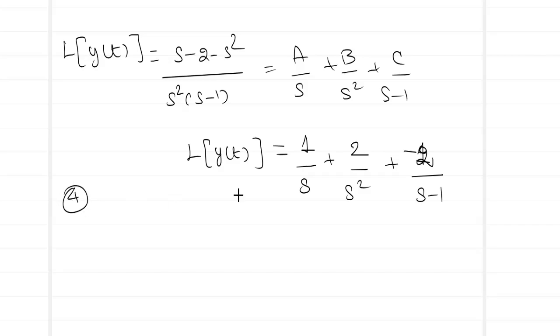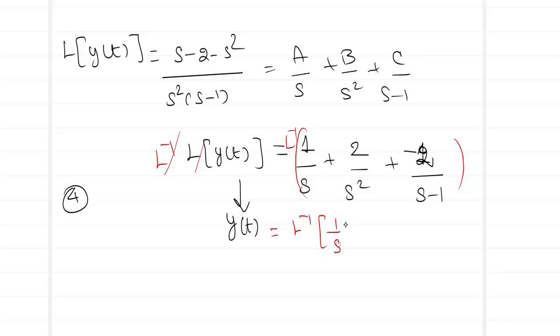Step number 4. From this Laplace of y of t, I need to retrieve back my y of t, which is the solution of the differential equation. So what will I do? I will apply inverse Laplace on both sides. When I apply inverse Laplace on both sides, the operators cancel each other to give you y of t. Hence, I will be left with Laplace inverse of 1 by s plus 2 times Laplace inverse of 1 by s square minus 2 times Laplace inverse of 1 by s minus 1.